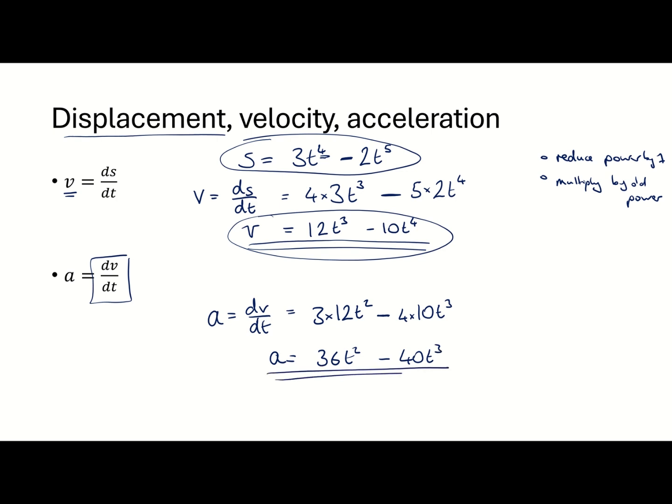So I now have an expression for my acceleration in terms of t. Now, if I wanted to find out the instantaneous velocity or the instantaneous acceleration, so the velocity or acceleration at any particular time, all we need to do is substitute in the value of that time. So let's see that in our next example.